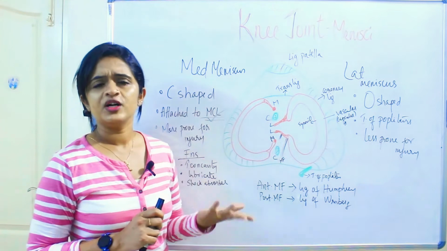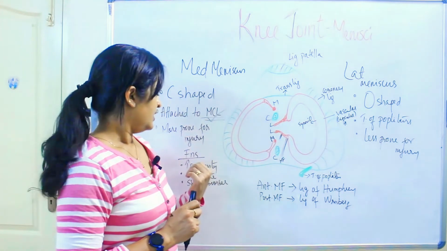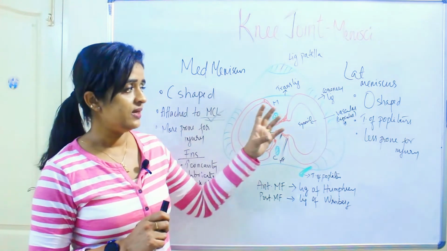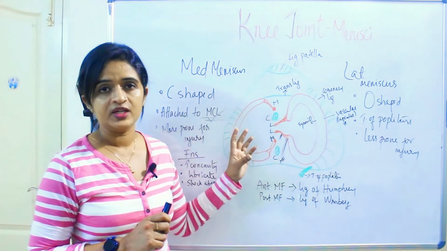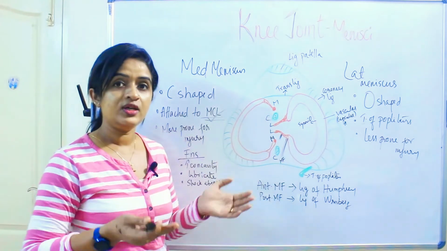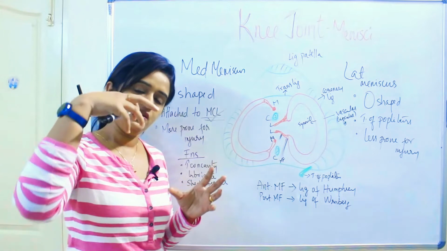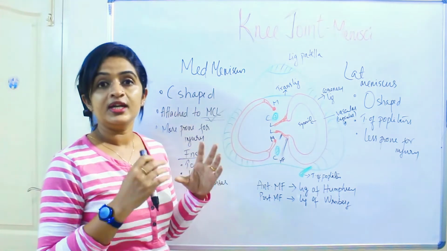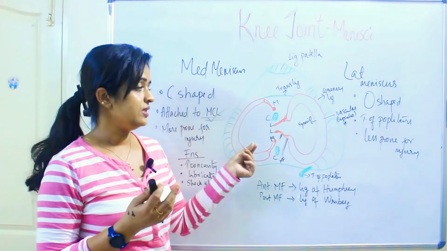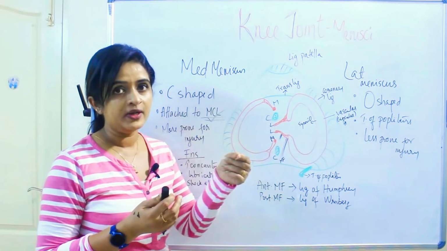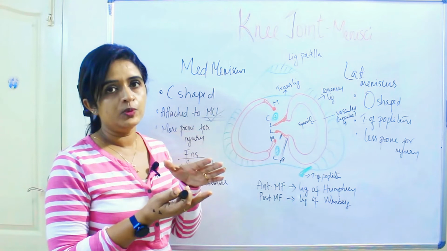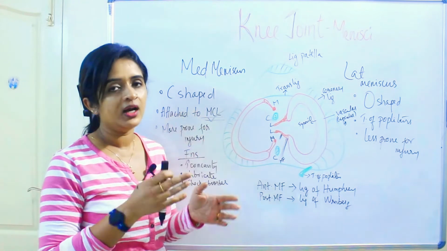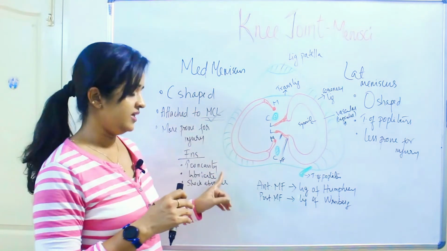Now what are the functions of the menisci? When you get the meniscus on the superior surface of the articular surface of tibia, it increases the concavity so that the femoral condyles can articulate smoothly. The next one is it lubricates. It is actually acting as a swab which is kept in between the two bones, that is the femur and tibia, so it helps to lubricate the joint.